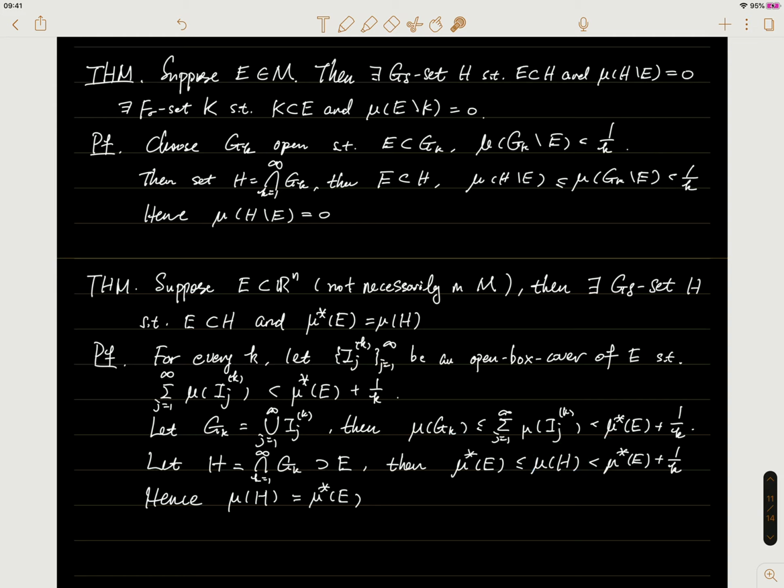That's why I got this bound here. Now, as we make k tend to infinity, we see that this measure of H has the same value as the outer measure of E. That's why we get this.